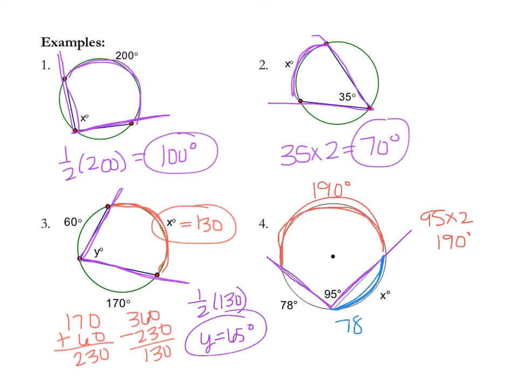Now I can add the two that I know: 78 plus 190, which is 268, and then subtract from 360, and that tells me that the remaining piece is 92 degrees.